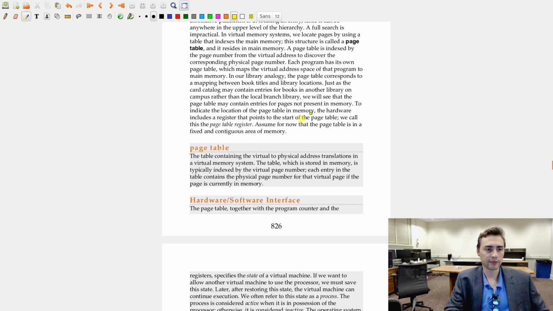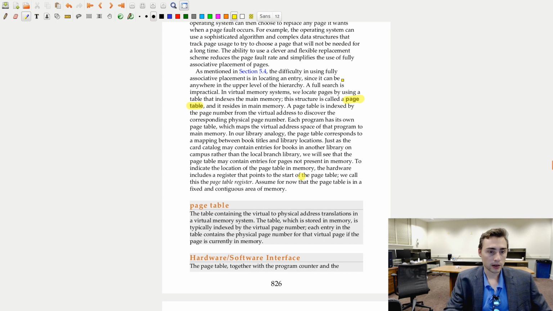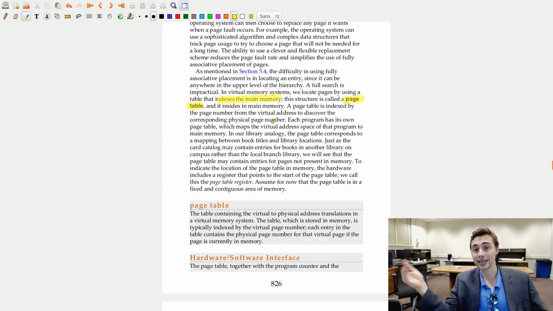Then we have one of the most important structures, which is a page table. A full search of everything is oftentimes infeasible. So in virtual memory systems, we locate pages by using a table that indexes the main memory, often called a page table, and we look within the page table for a PTE, or page table entry.